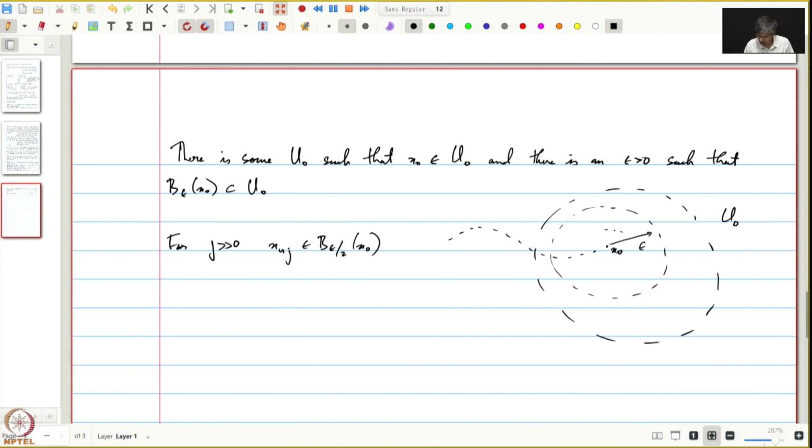So we can take the ball of radius epsilon by 2 around x naught, so we can take this to be x n j. So we can choose j large so that 1 upon n j is strictly less than epsilon by 2, right? Then it is easily checked.